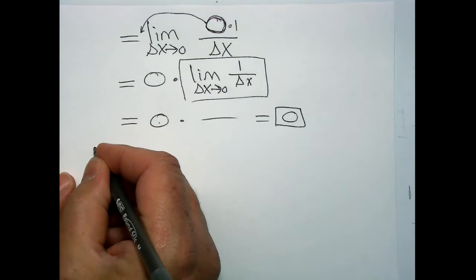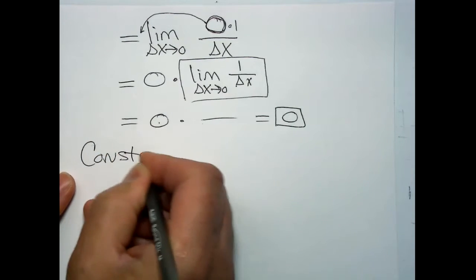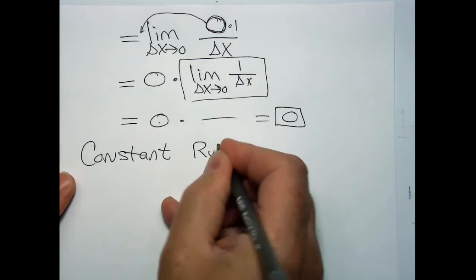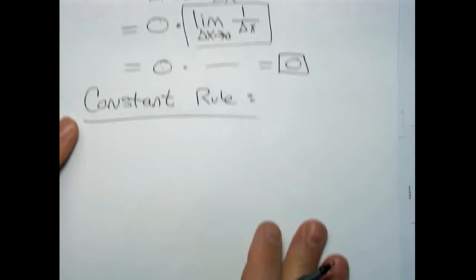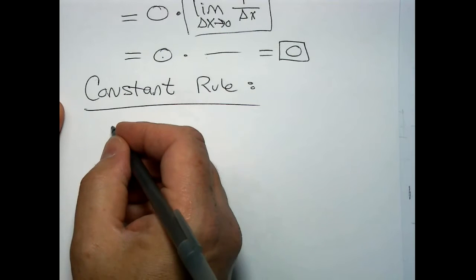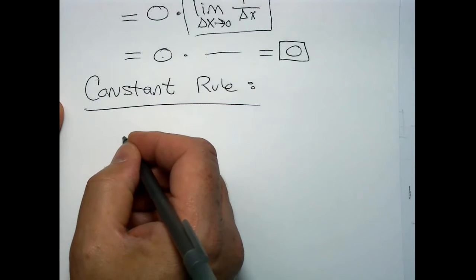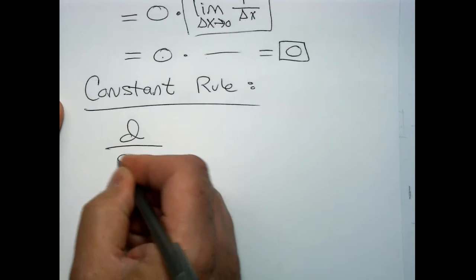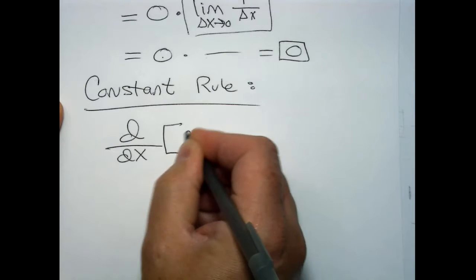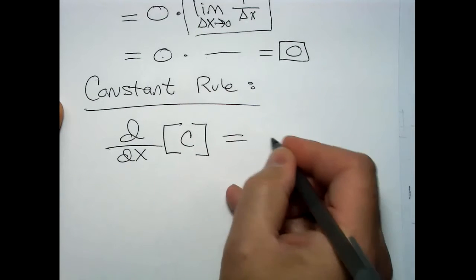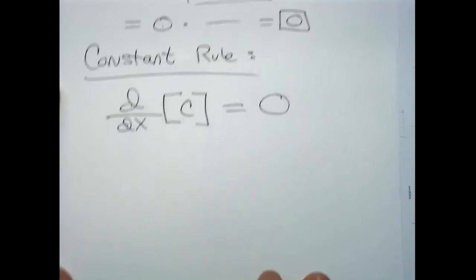That gives us this wonderful conclusion. It's called the constant rule. Do we have to use that limit method on a constant function? I don't believe we do. The constant rule says that the derivative of a constant function is 0. Plain and simple.